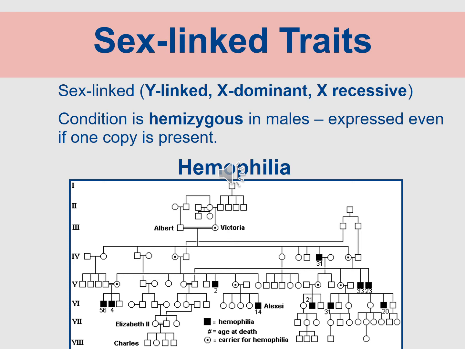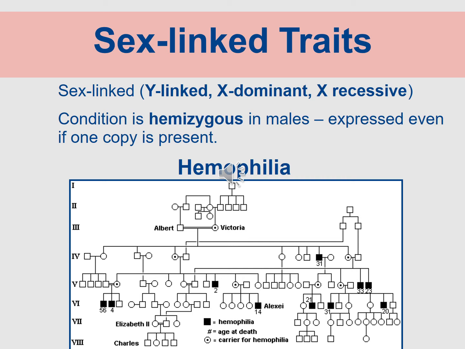In males, when you look at the expression of X dominant, X recessive, it's known as hemizygous, meaning that it's expressed in them even though 1 copy is present. So you can see sex-linked traits, males are highly biased towards them, because if it's Y-linked, they're the only ones that can get that trait. If it's X-linked, whether they have the dominant or recessive trait, it's going to be expressed.